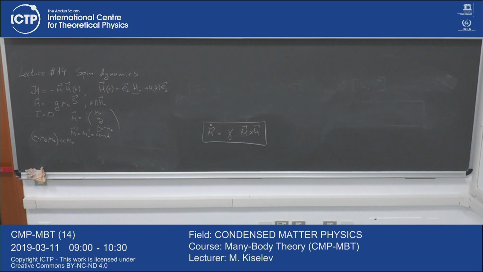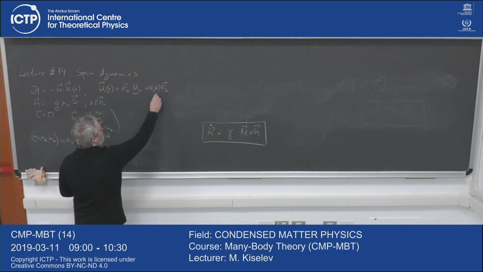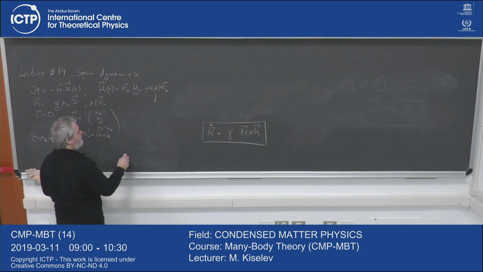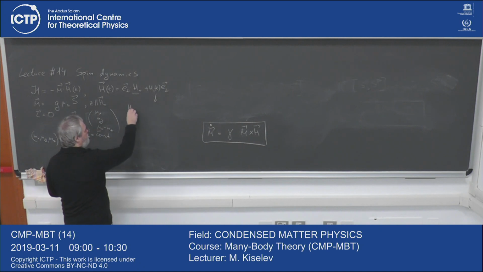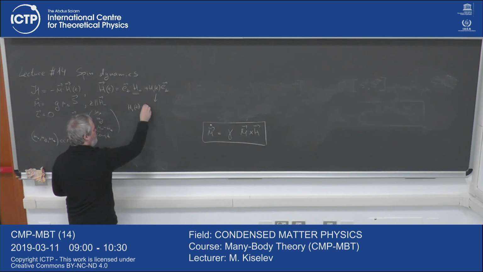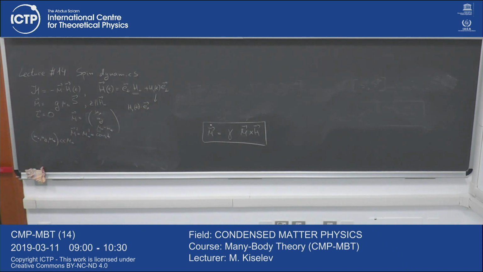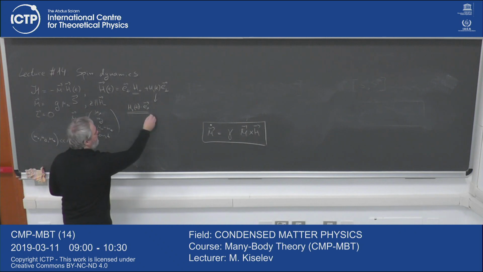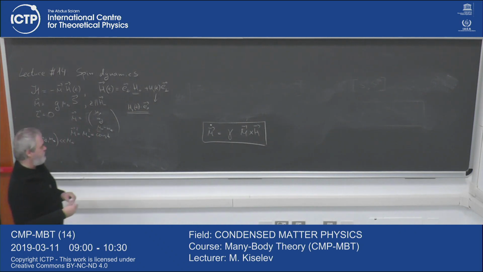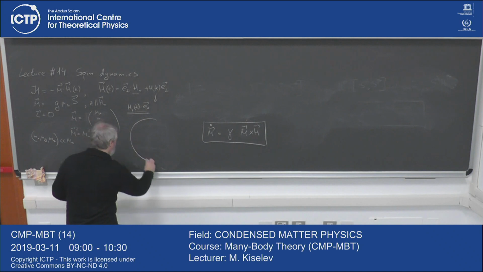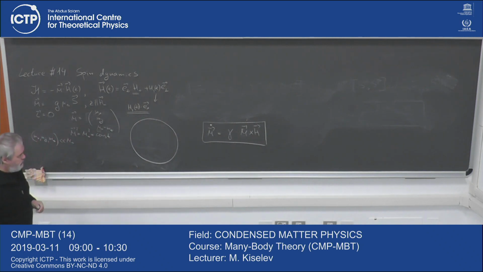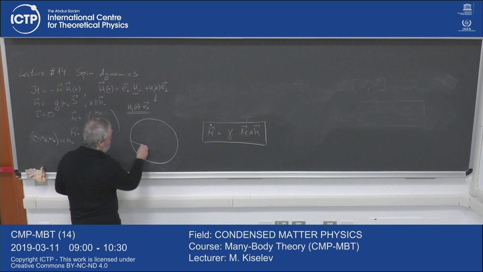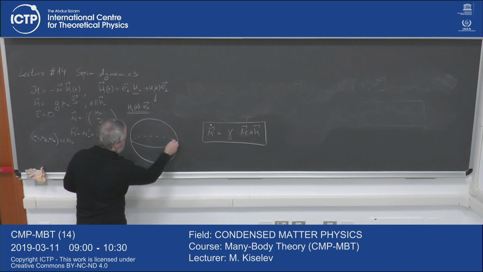For particular interest, I will now assume that this is h_1(t) times e_x. I can always rotate my axes in such a way that I take the time-dependent component along x. So what I'm doing, I'm plotting a sphere of radius M_0.